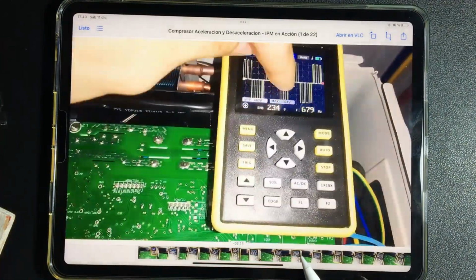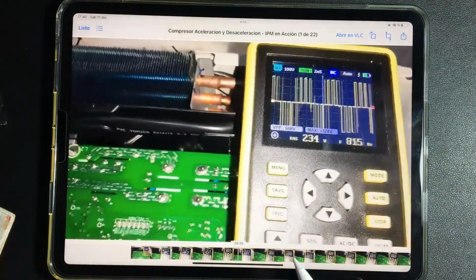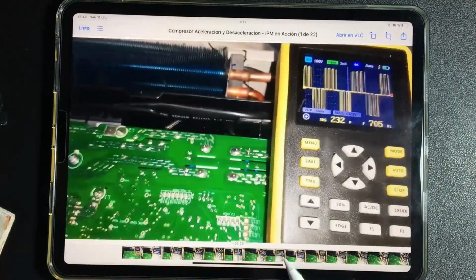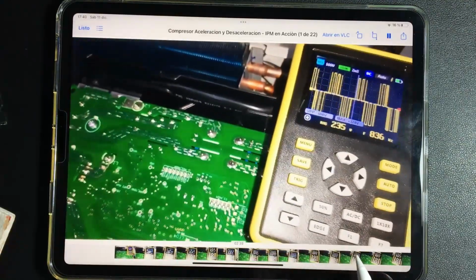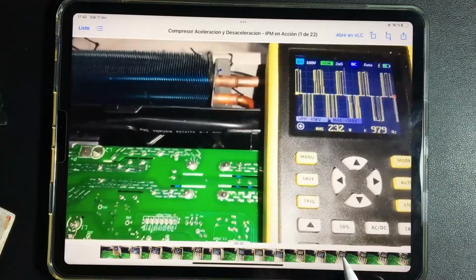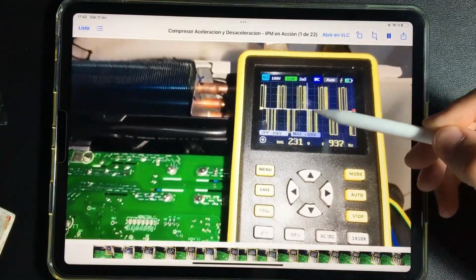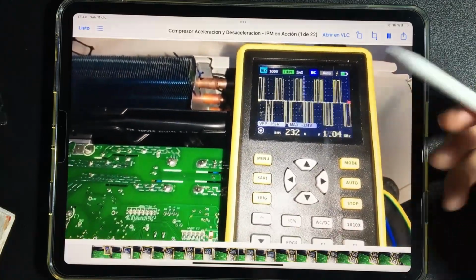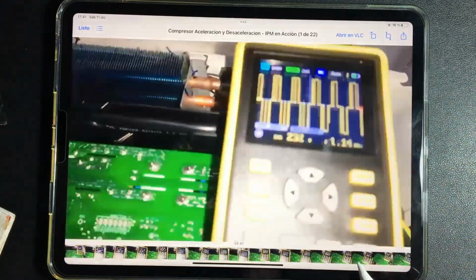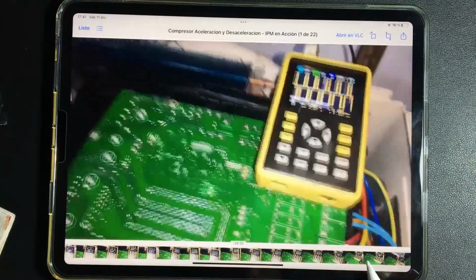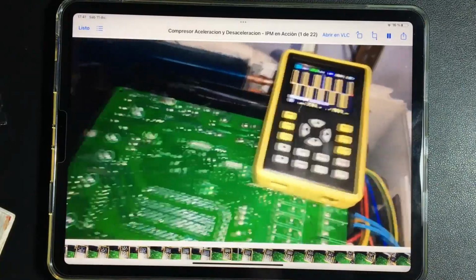We put more cold on the equipment so that it spins faster. We ask for more cold. And notice how it starts to shorten. They start to be closer together. That is, the simulated sinusoidal wave that is created gets closer. And there we would be almost at maximum speed.